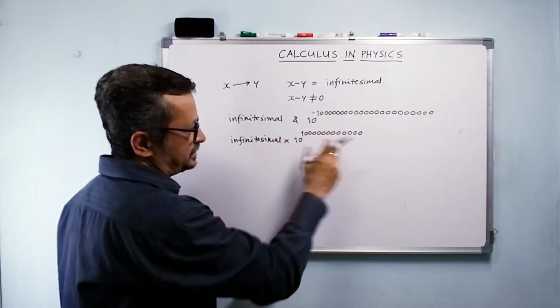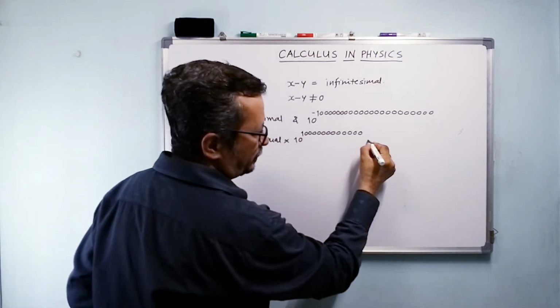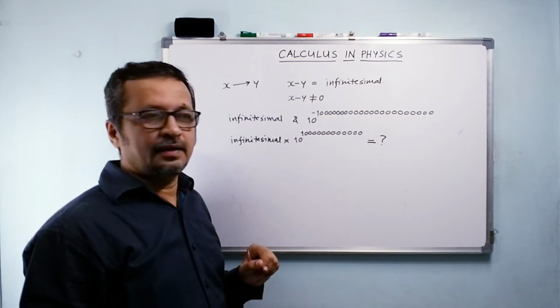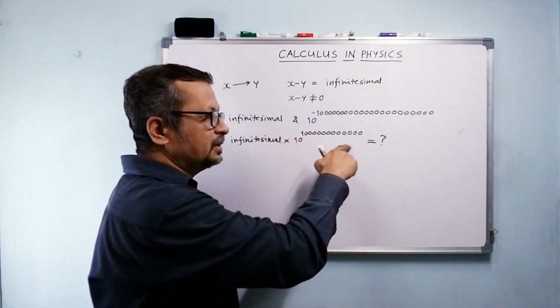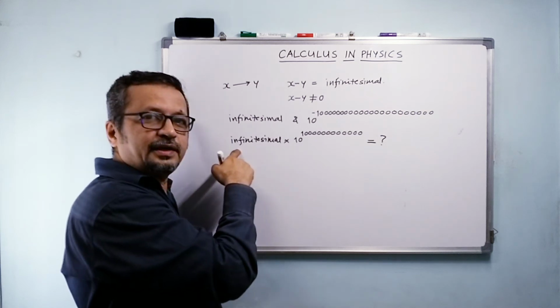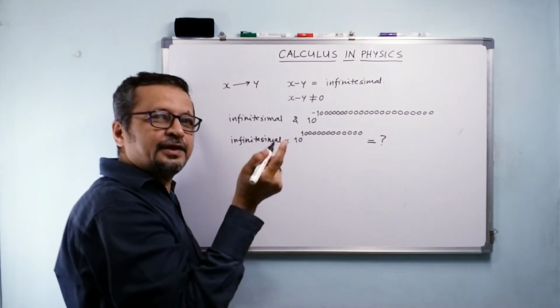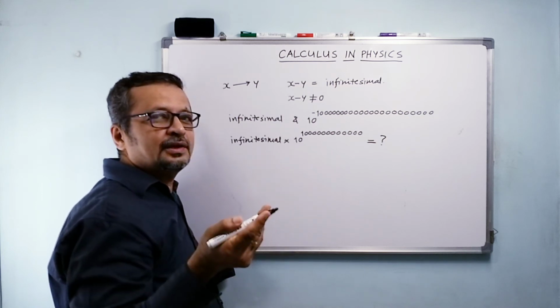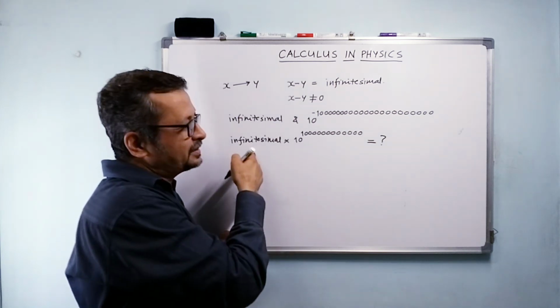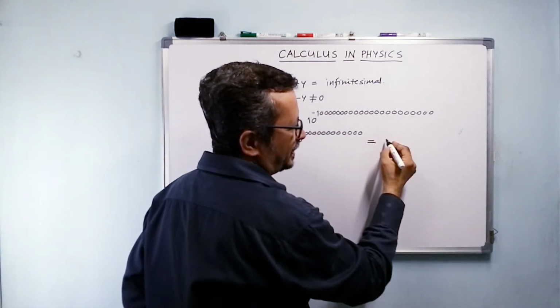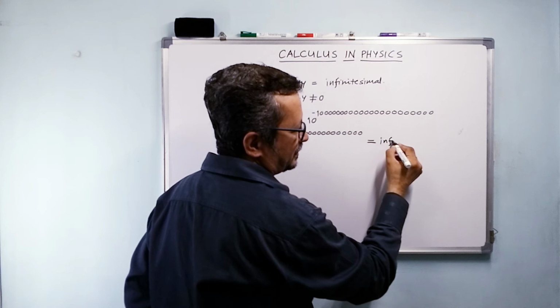Now what would be the value of this? This is a large number, but then the number on the other side is infinitesimally small. It is something that you cannot imagine how small. So this product is going to be again infinitesimal.